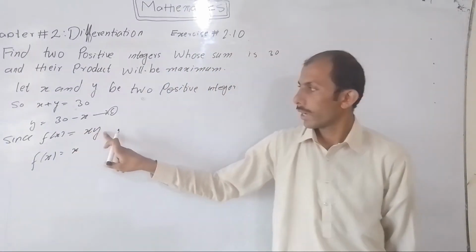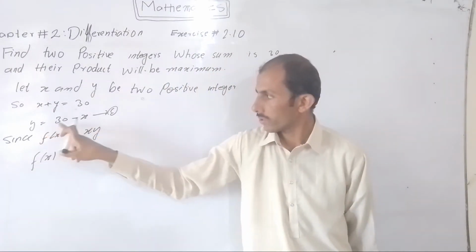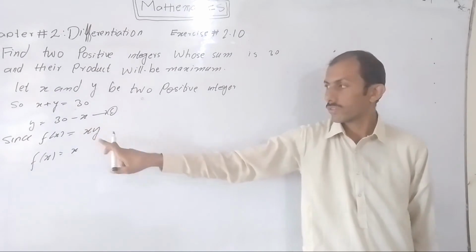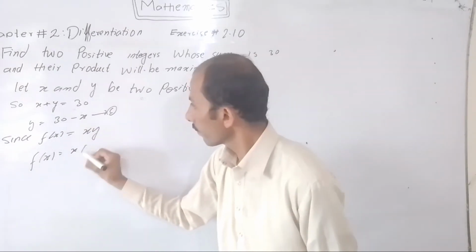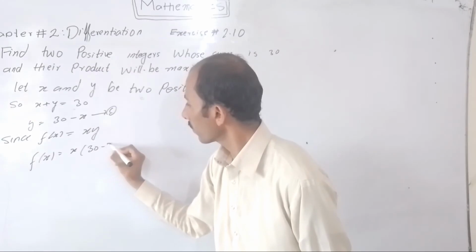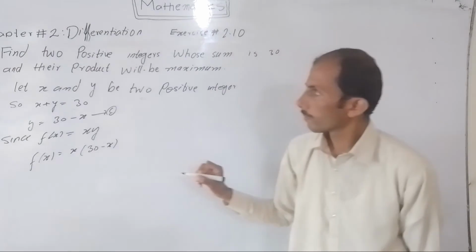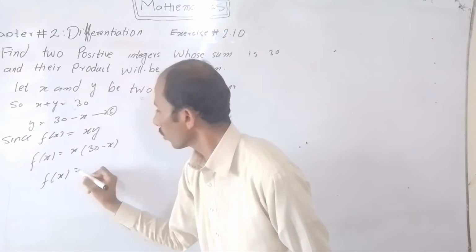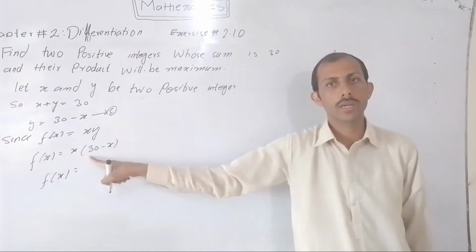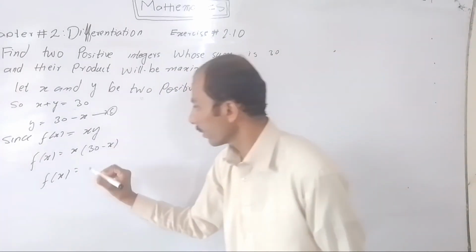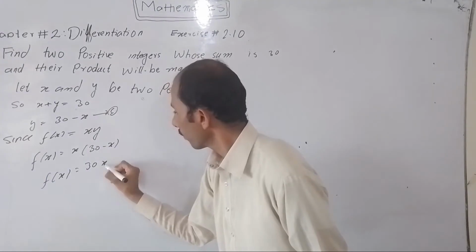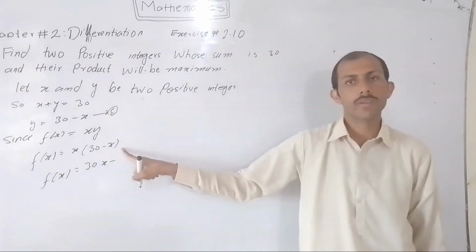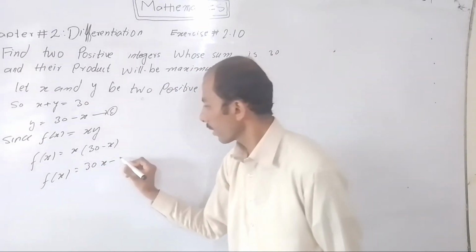Put y is equal to 30 minus x in y. So f of x is equal to x times (30 minus x). f of x is equal to 30x minus x square.